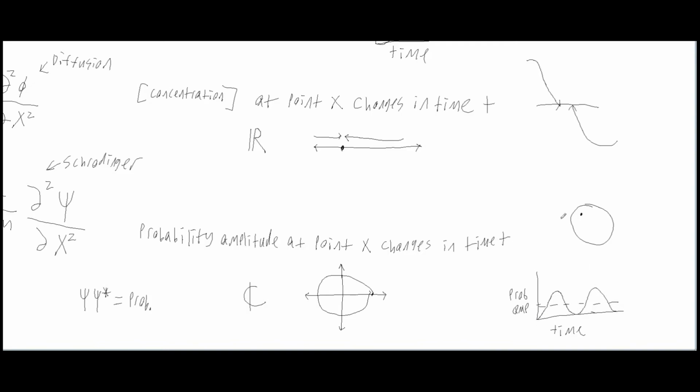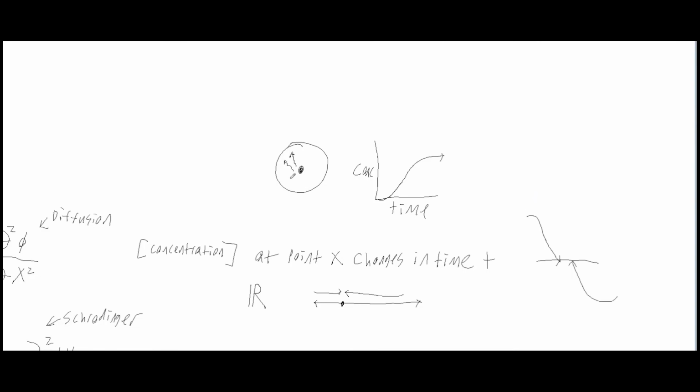So you could think about it like this. If we have a container here with water in it, say, and we add some food coloring right here, if we're using just this diffusion equation, then it diffuses out until it becomes evenly distributed.